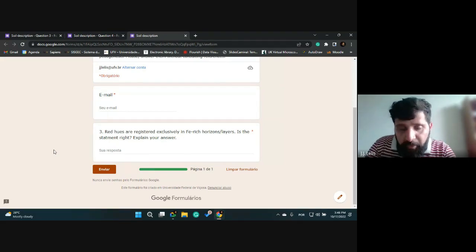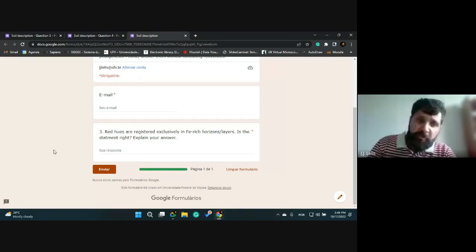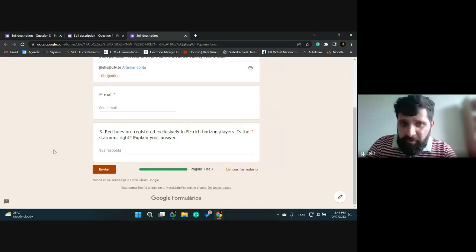For example, soils formed from limestones. It's quite common that these soils have red colors, red hues. And it is not because of the iron content, because limestones in general present lower contents of iron among all rocks.